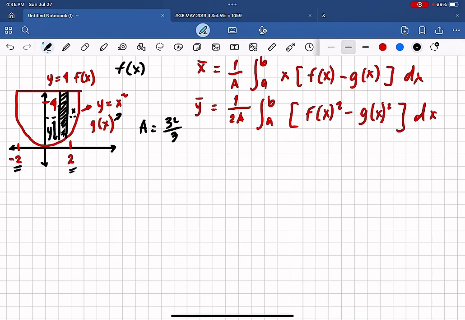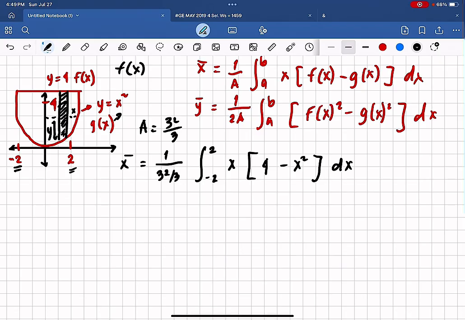So substitute these in our formula for finding the x. So x is 1 over 32 over 3. So our limits are the same, negative 2 to positive 2, x, and our f of x, which is equal to 4 minus the g of x, which is x squared, close bracket dx.